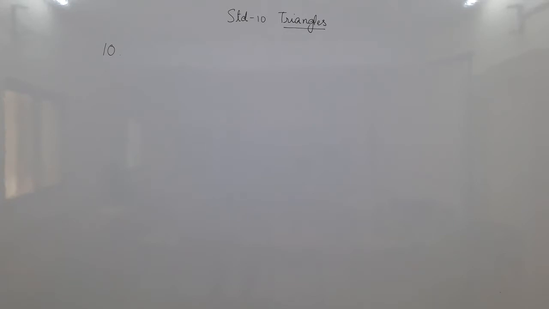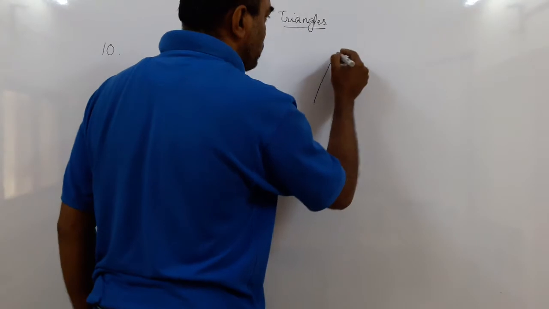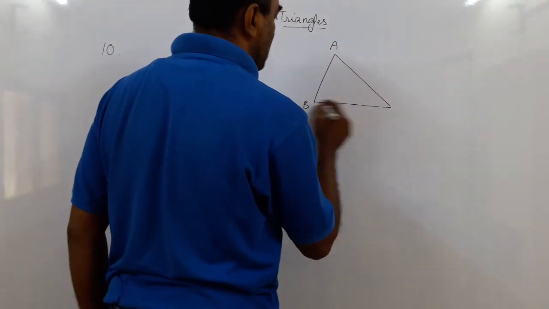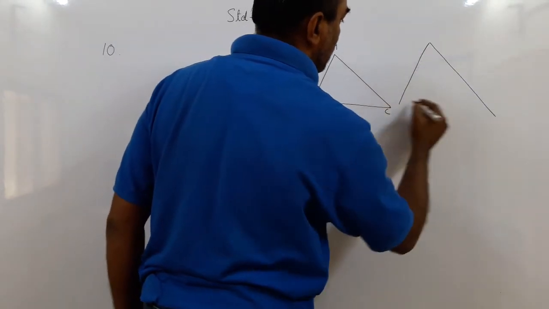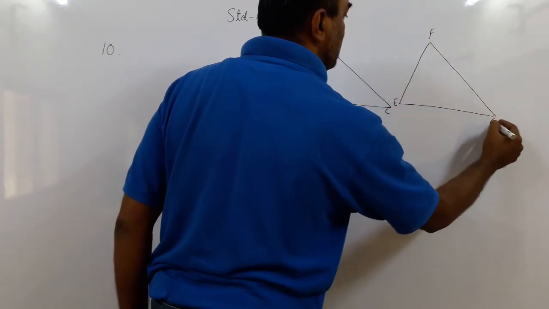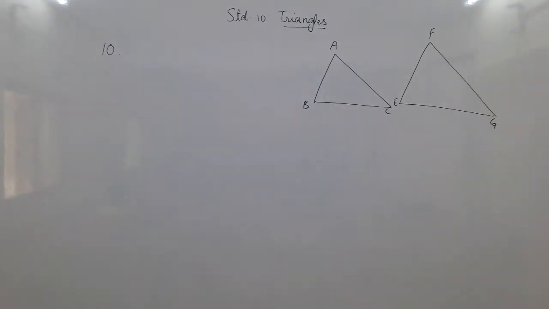So we are given triangle ABC is similar to triangle FEG. So first thing I will do is draw triangle ABC and FEG.